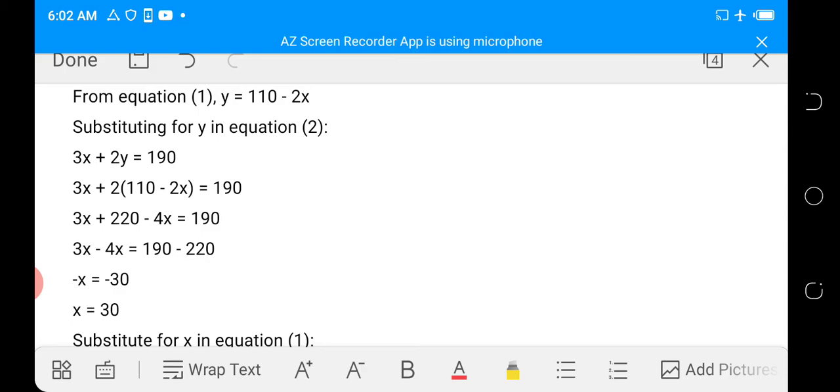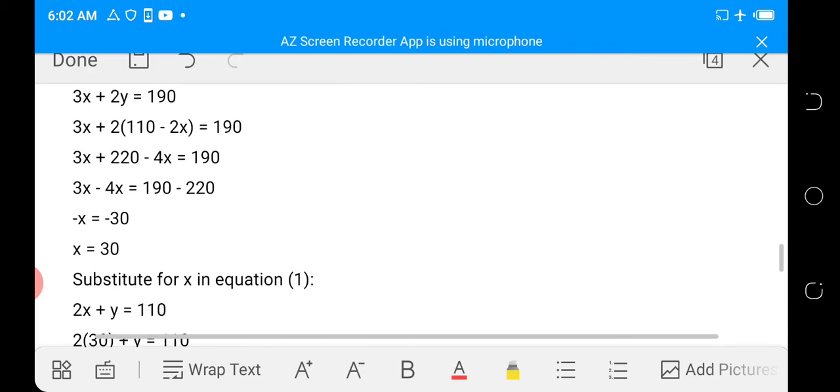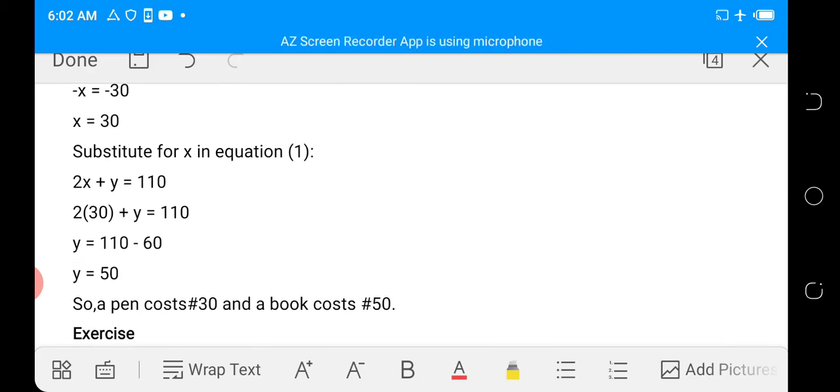Let's go and get the value of y, which represents the cost of a book. I will now pick any of the two equations and substitute the value of x. And equation 1 is what I'm going to pick because it looks simpler than equation 2. So substitute for x in equation 1. I have 2x plus y is equal to 110.